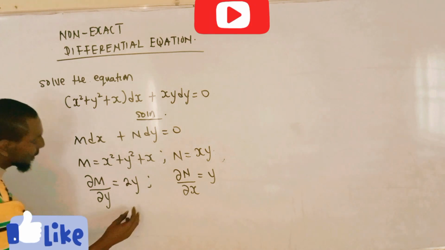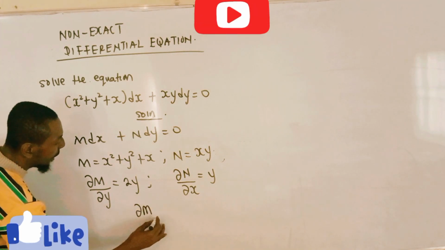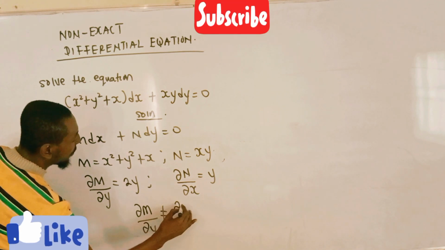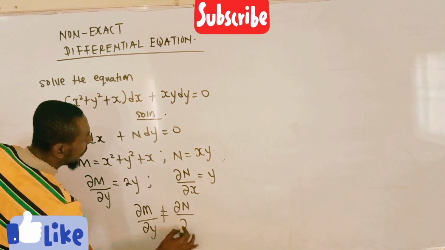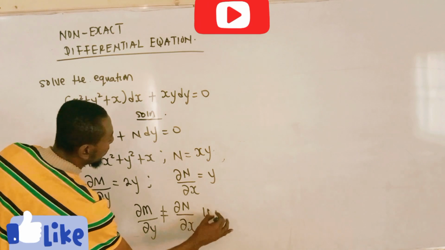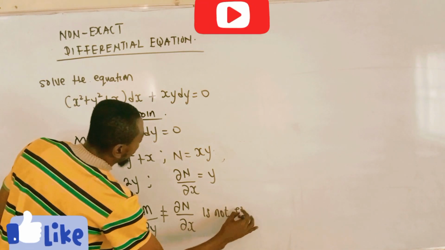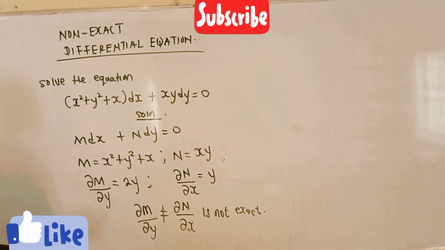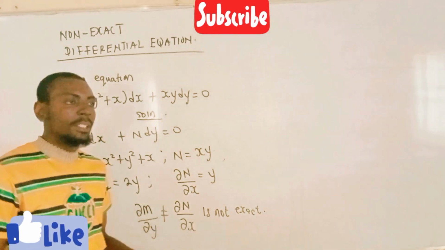Alright, so it is evident that the partial differentiation of M with respect to y is not equal to the partial differentiation of N with respect to x. It's not exact. So now we are going to find the integrating factor.